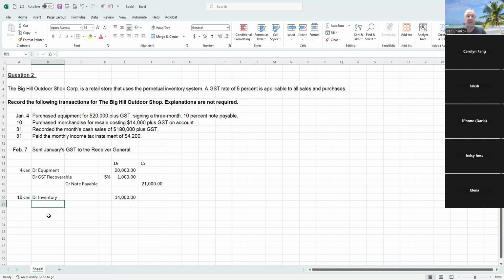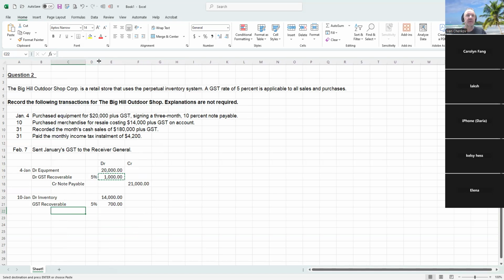No. We have GST recoverable. And how much will that be? Still 5%. I can easily copy this one and paste it here. I agree with this $700. Now looking for the credit.